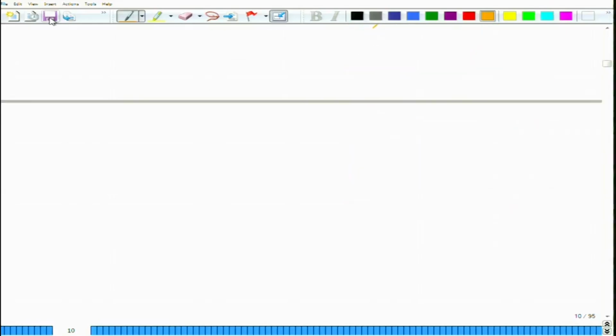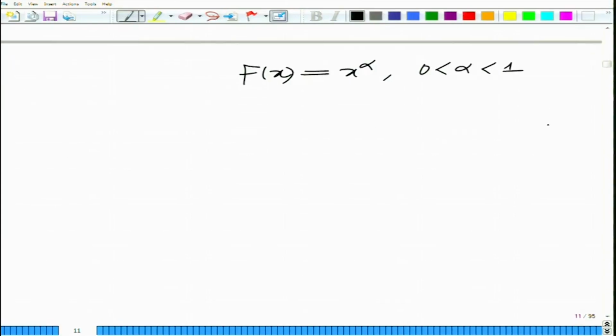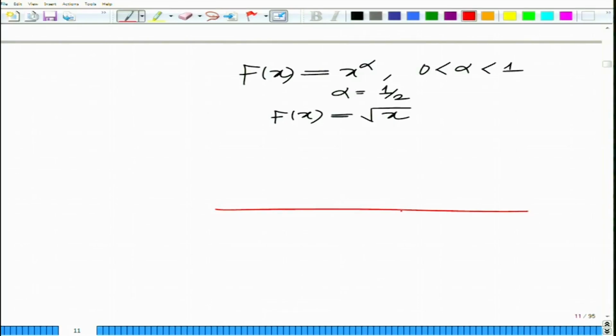concavity. Another important class of concave functions is f of x equals x power alpha for 0 less than alpha less than 1. For example, let us take alpha equal to half. We have f of x equals square root of x, and naturally this is defined only for x greater than or equal to 0.